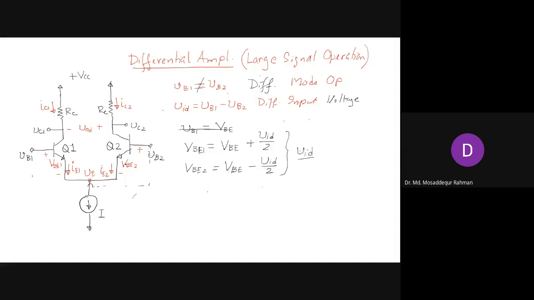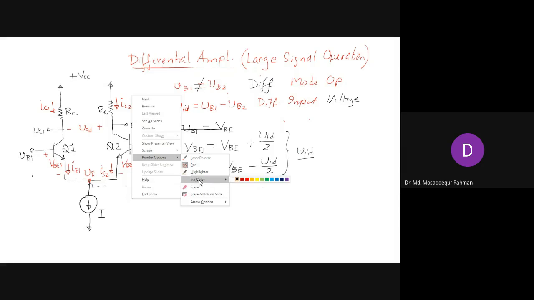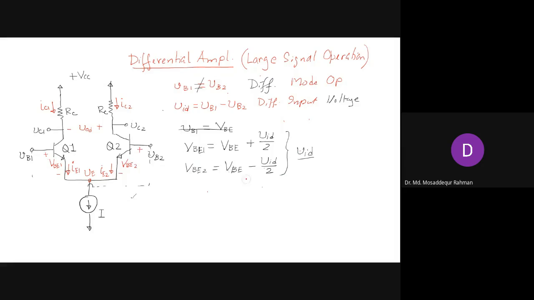Now, what will be the effect of this higher forward bias voltage? In the previous case, when we had the common voltage for the two nodes, we had the same base to emitter voltages, the same forward bias voltage, and in that situation IE1 was equal to IE2. Let me write this here as a reference.